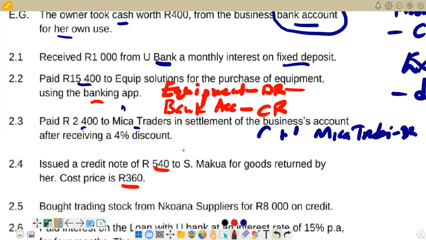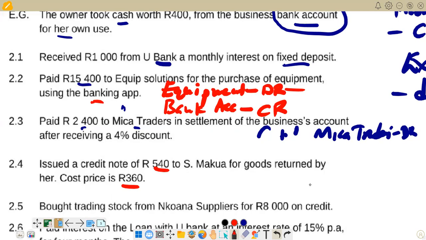So we have to create a debtors allowance, whereby initially when we sold, we debited the debtors account. Now they are being returned. It means we are going to debit the debtors allowance, and then we credit the debtors control account.